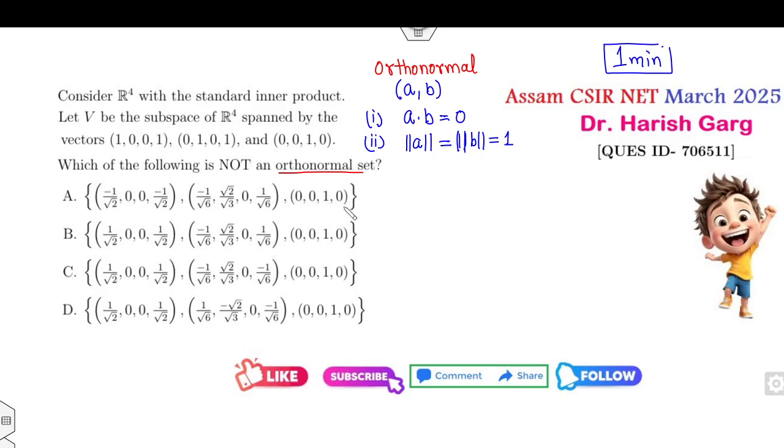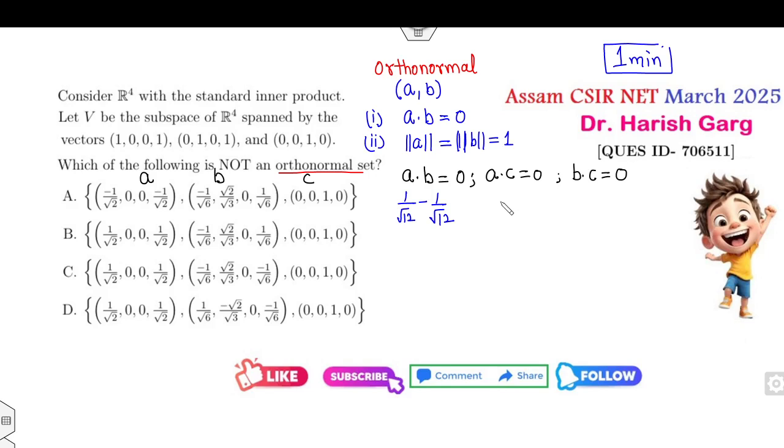Fine. So we will see about this first part, the dot product being 0. This is A, this is B and C. My target is to prove A dot B is 0, A dot C is 0 and B dot C is 0. So let's start with the first one. A dot B is 1 by root 12, 0, 0, minus 1 over root 12, satisfied.